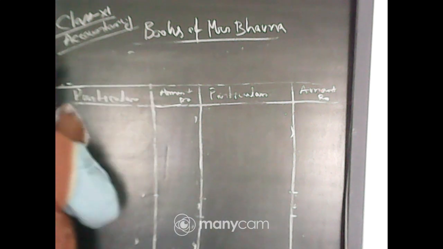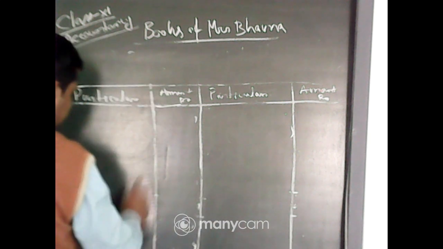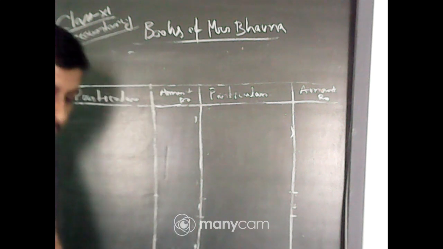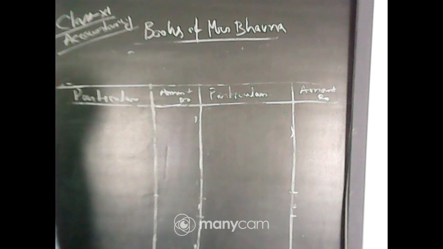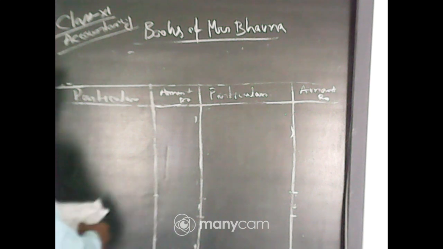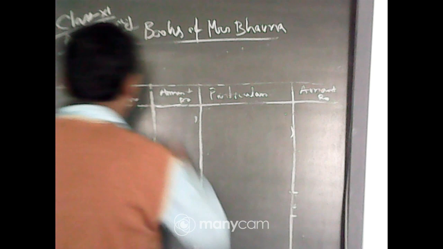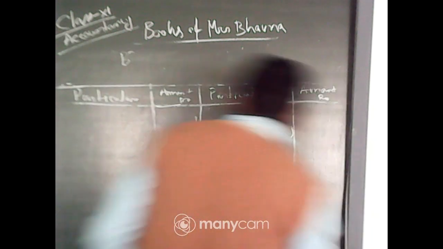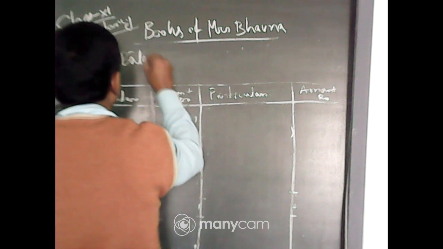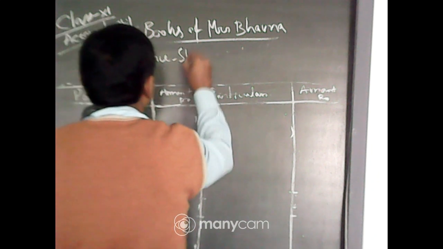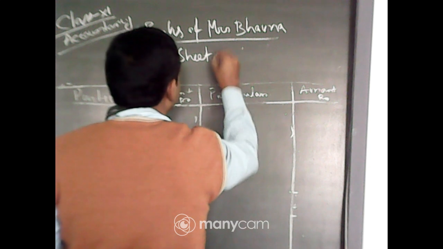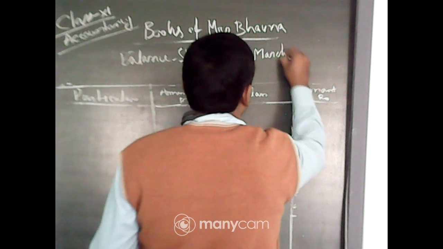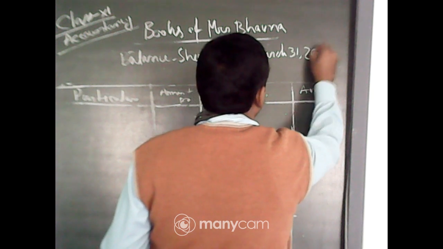That's what you know. Whenever you transfer the single entry to double entry, then it will be easy for you to make the profit and loss and balance sheet, because now we have got all the figures. So balance sheet as on March 31, 2017.